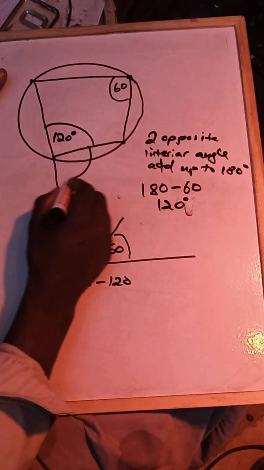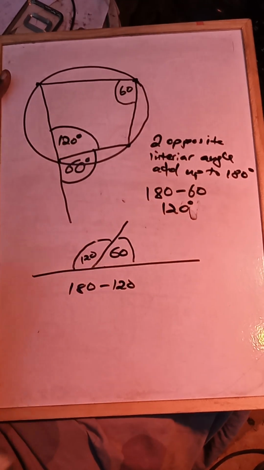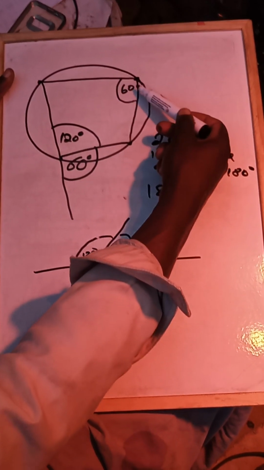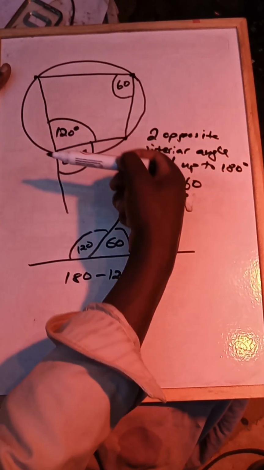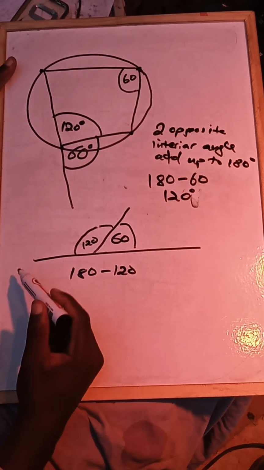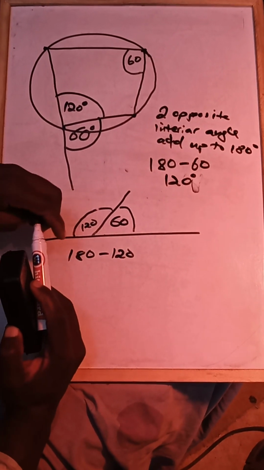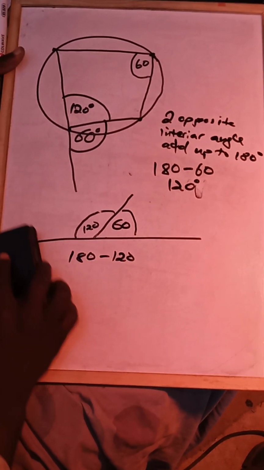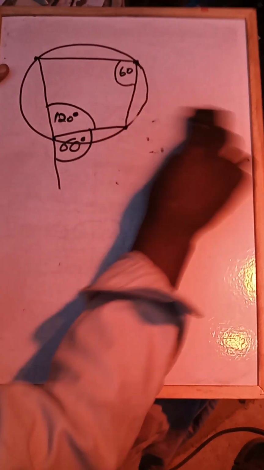So this angle is 60 degrees. As stated by the law, the opposite interior angle of a cyclic quadrilateral is equal to the opposite exterior angle.